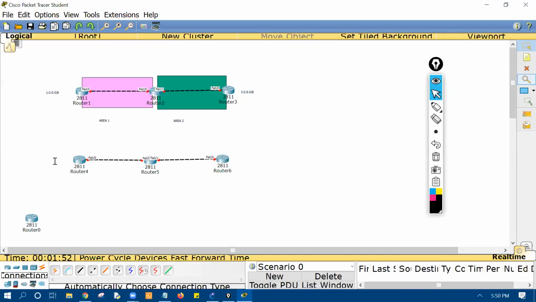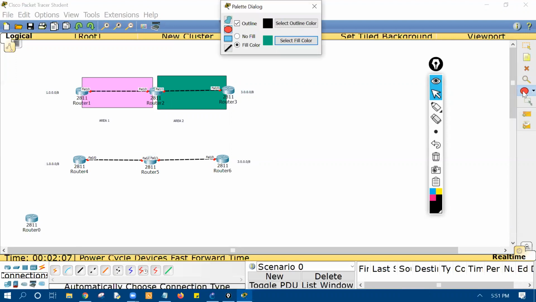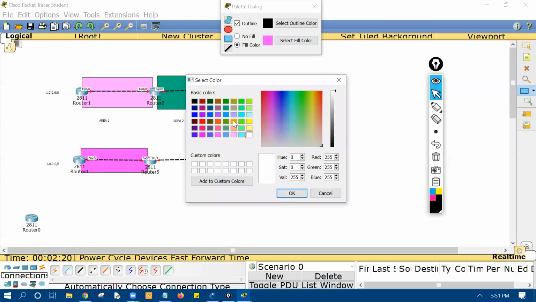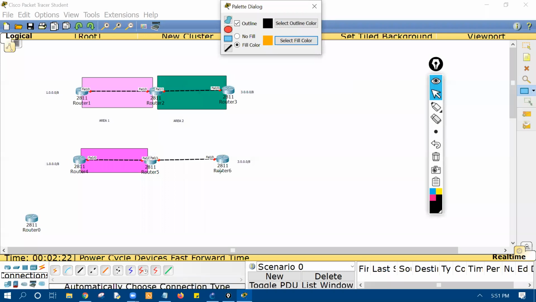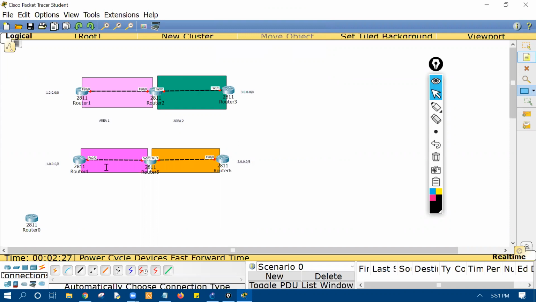And there's also one more route over there, the same information, nothing different, 3.0.0.0. I take this one, this one, and this one. Perfect. Now this portion is configured with area number 0 and area number 1.